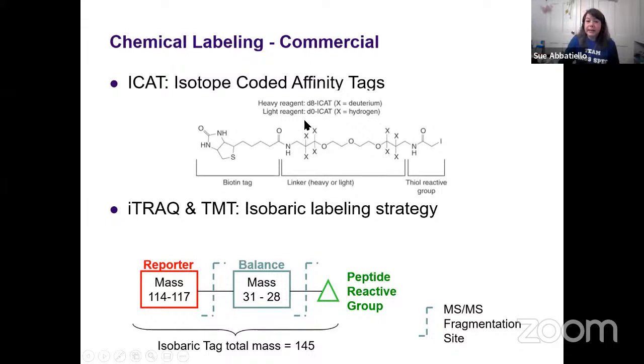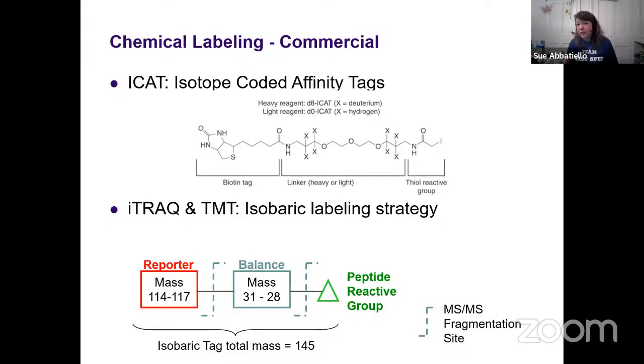And then there's a linker region that you can incorporate heavy isotope like carbon-13 or nitrogen-15, or in some cases deuterium. This was very early on. And then the last portion is an affinity tag, so you can preferentially enrich anything that has been modified with this thiol reactive group. So the ICAT was used for targeting cysteine-containing peptides in digests, which not all proteins have.